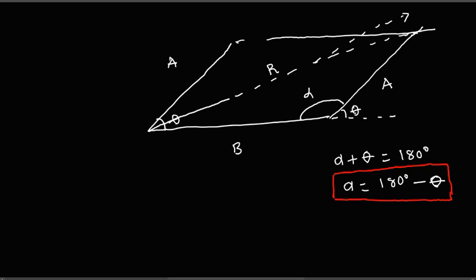All right, let's derive another formula. Now that we have gotten this, we are going to apply cosine rule on this triangle here to find the resultant. And what does cosine rule state? Cosine rule is just like parallelogram law, which is the resultant squared. Let me use another color.